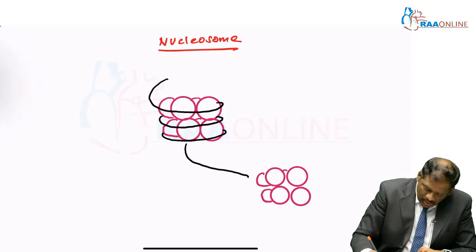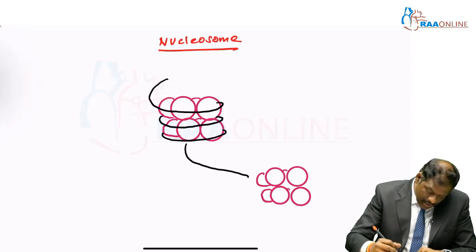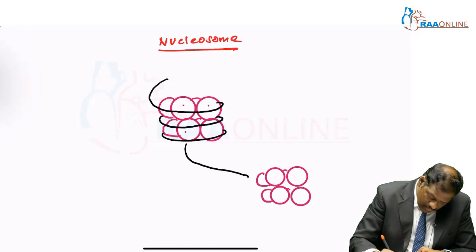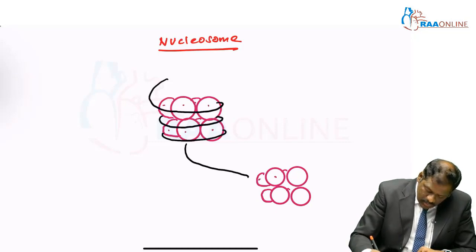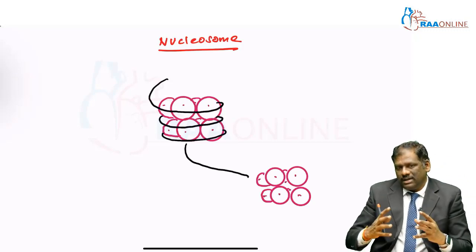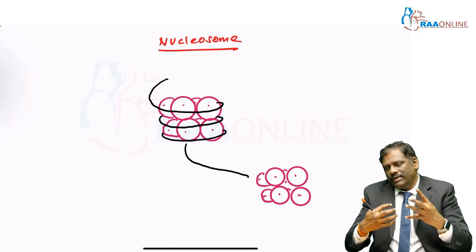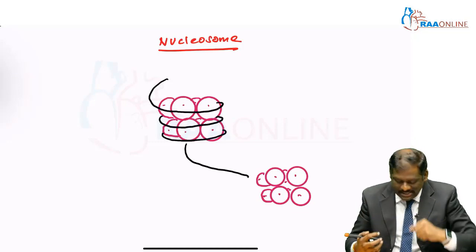How am I saying this is an octamer? Because it has 8 units: 1, 2, 3, 4, 5, 6, 7 and 8. The rest of the 4 units, imagine they are also on the back side of this.